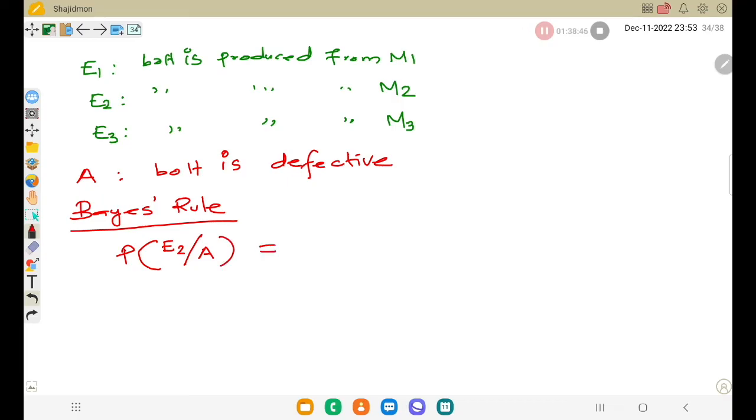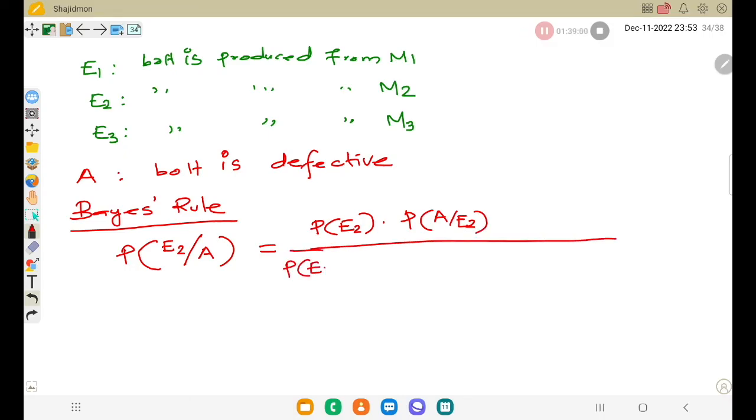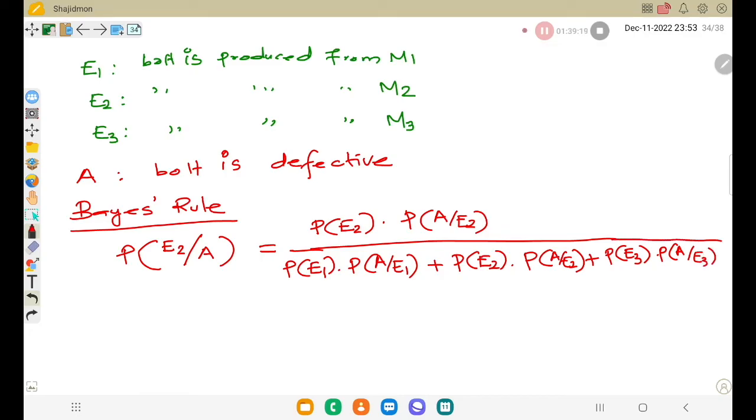Probability of E2 given A equals, what we write, probability of that particular partition, probability of E2 times A given E2, divided by total probability, that means start from E1, probability of E1 times A given E1, plus probability of E2 multiplied by probability of A given E2, then the third partition, probability of E3 times A given E3, correct, equals.